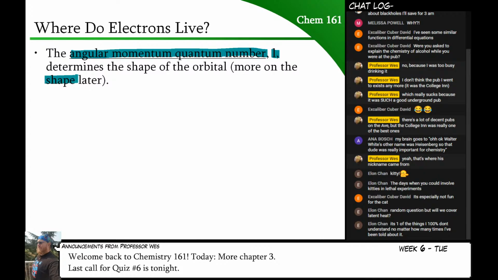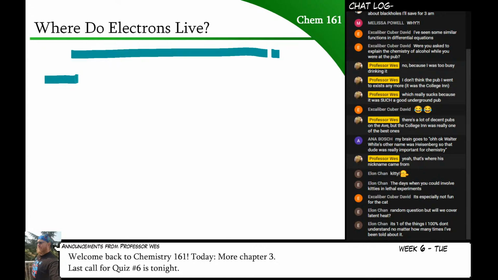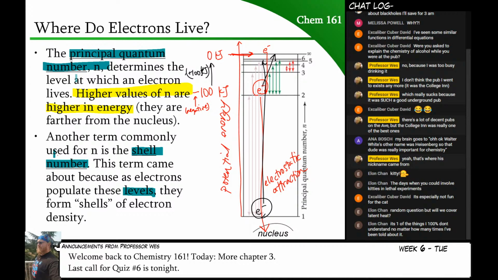We're going to talk about shape later, but for now what we need to do is define this number. We've already defined n. N can be any number that it wants to be all the way up to infinity. However, it must be an integer. So n, integer from 1 to infinity.